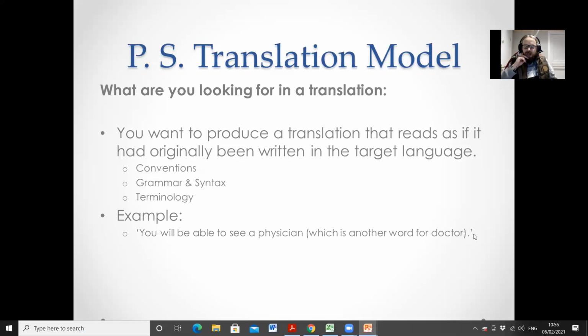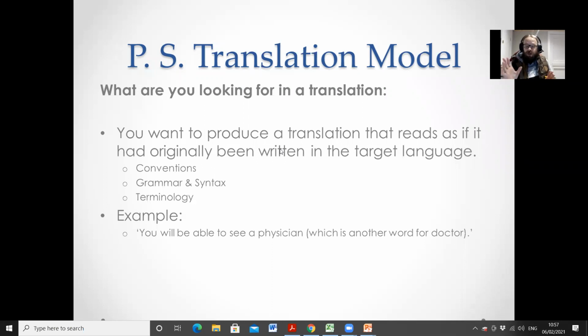But it's a dilemma that I shouldn't even have, because, as I explained before, what we're focusing on is the meaning. And what this sentence is saying is that you will be able to see a doctor. So as a public service interpreter, that's what I say: you will be able to see a doctor.